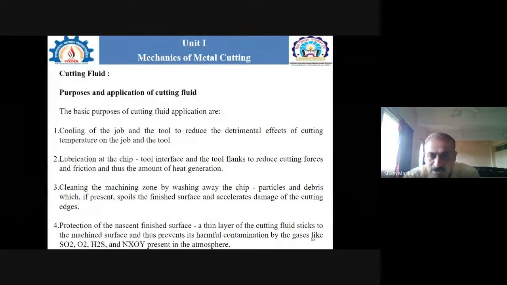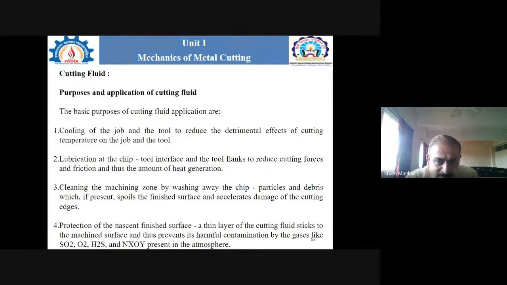Then the third and important one: the chip which is formed during the machining operation. We have to remove that chip from the cutting zone, meaning between the cutting edge of the single point or multi-point cutting tool and the workpiece material. So cleaning the machining zone by washing away chips, particles and debris, if present, is important, otherwise they may create problems for the surface finish.